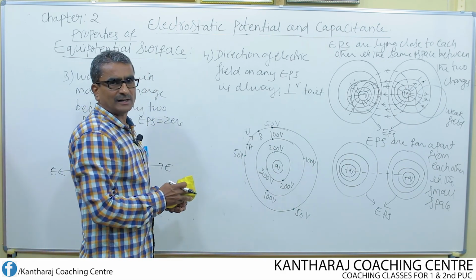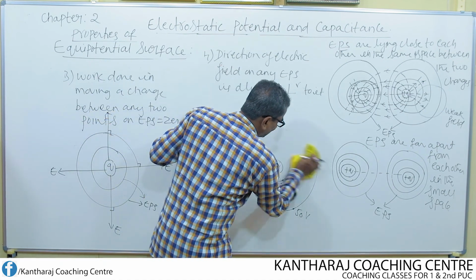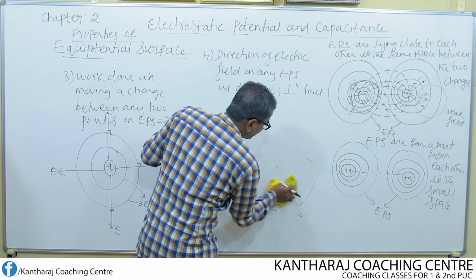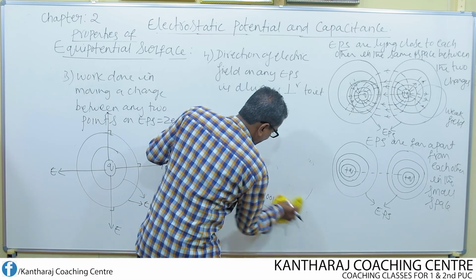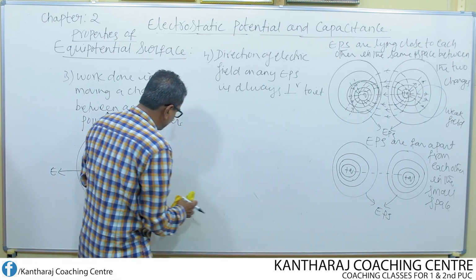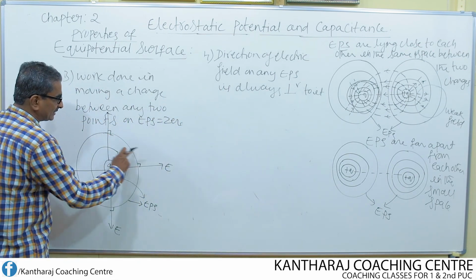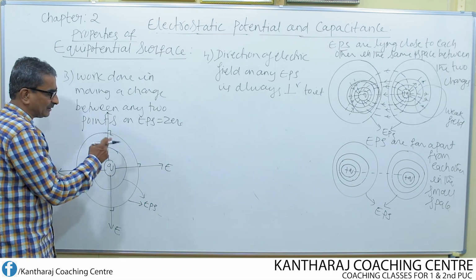We can verify this mathematically. How do we verify this mathematically? That means, what is the proof or guarantee to say that the electric field direction is always at right angles to the equipotential surface?